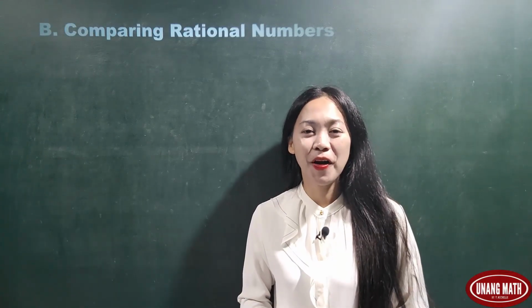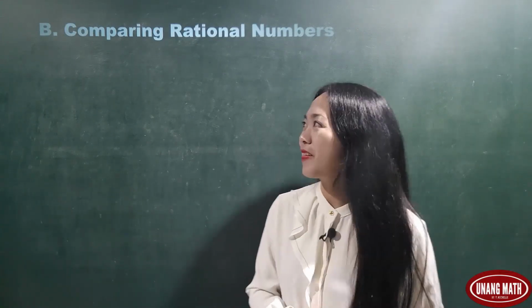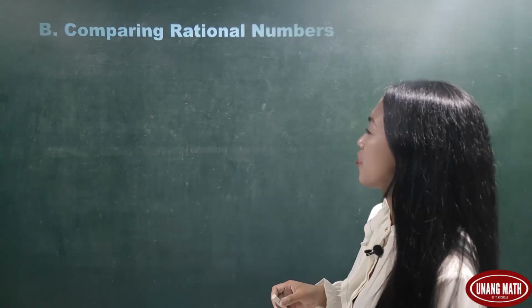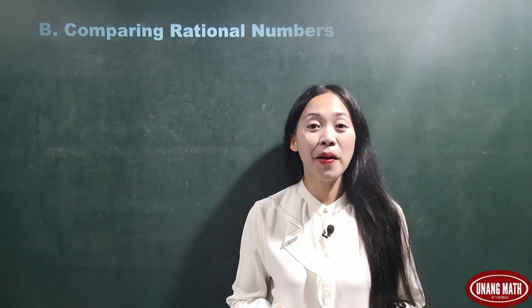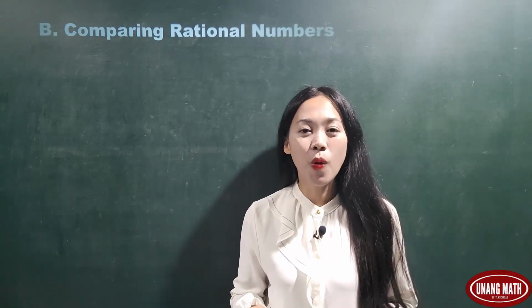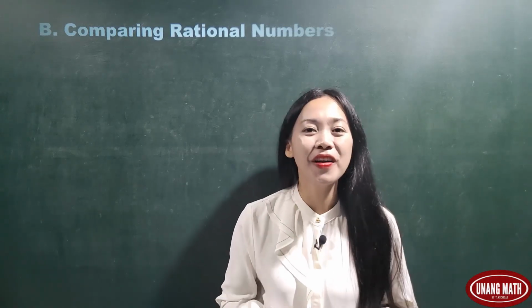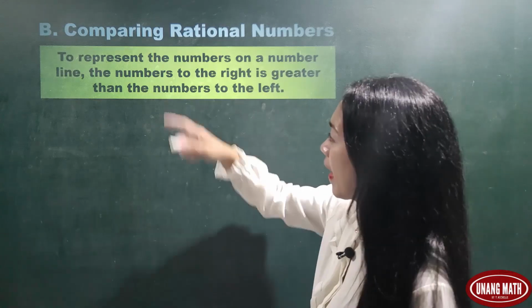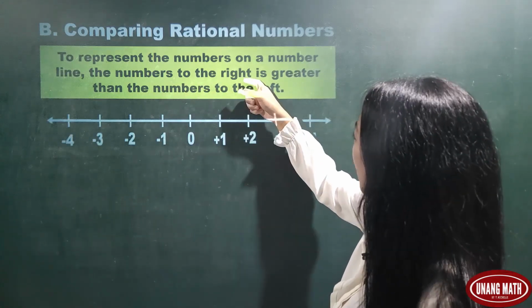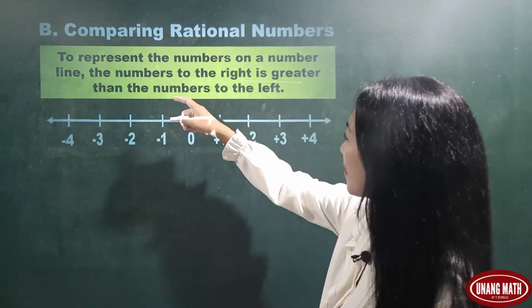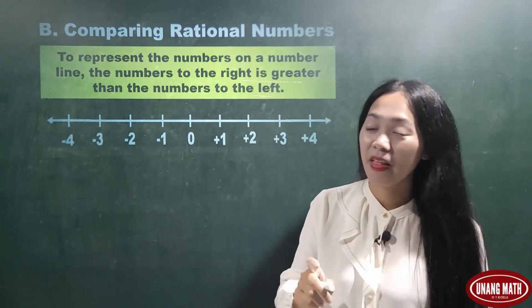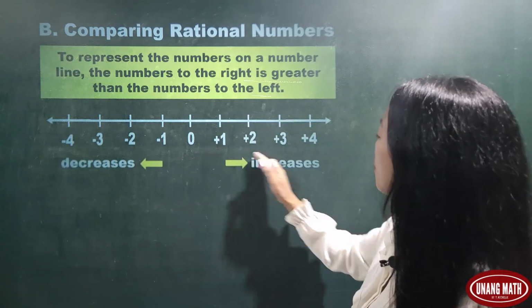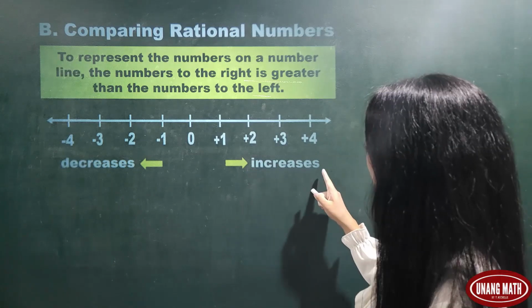This is the second part of this episode, and I will discuss how to compare rational numbers. Comparing numbers is telling which one is smaller or larger. To represent the numbers on a number line, the numbers to the right are greater than the numbers to the left. That means, as we move to the right, the number increases.